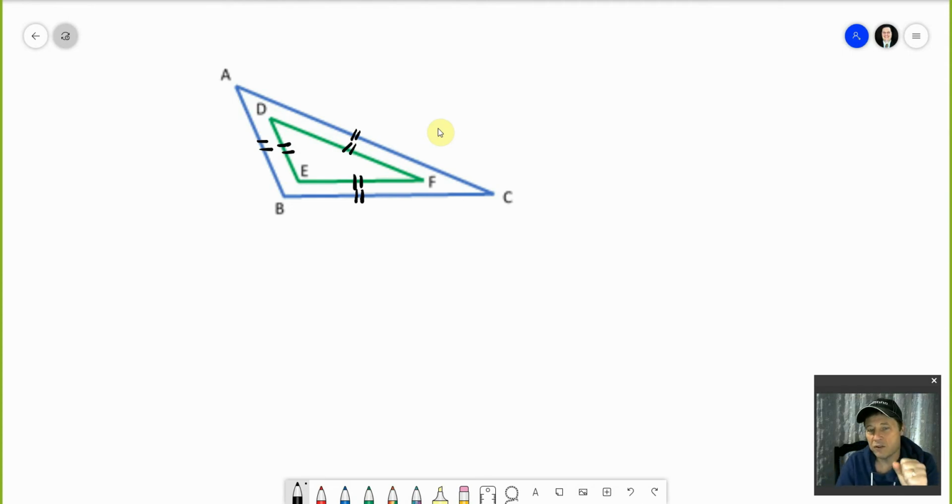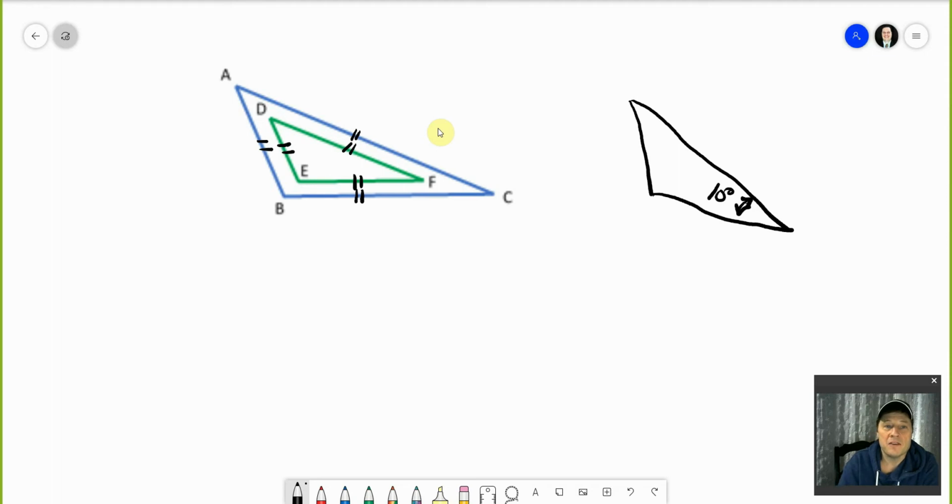So we need to understand that similar triangles are useful because whatever you solve in one triangle translates over to the other. So I could have this triangle DEF over here somewhere, and let's just pretend these are the same. I could have an angle here. I might know that angle, right? It might be 10 degrees. And I might know this angle in this triangle, angle D. I might know that that's 35 degrees.